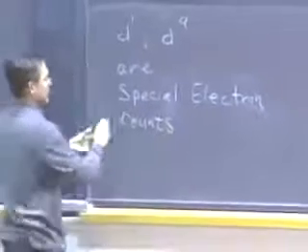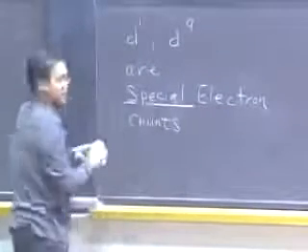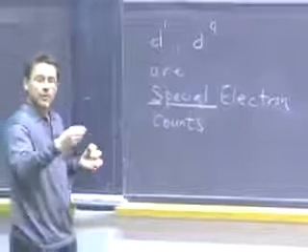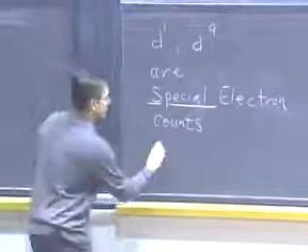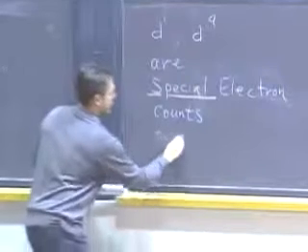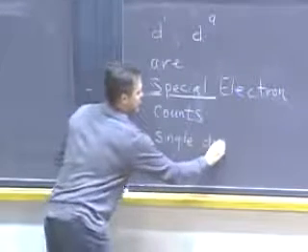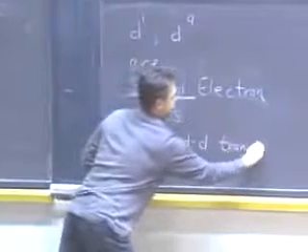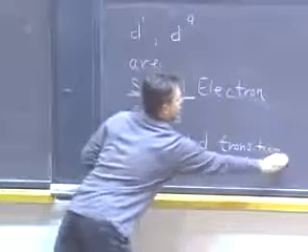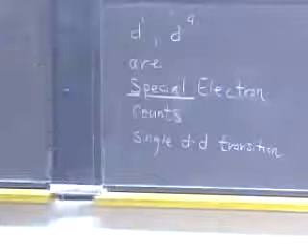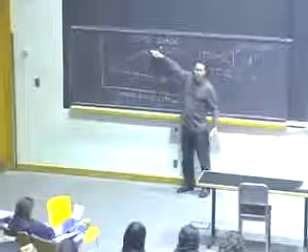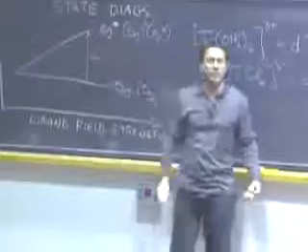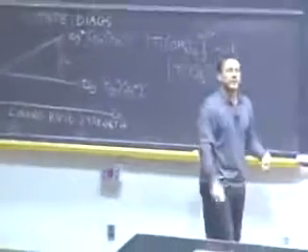And the reason that they're special is that these have a single absorption peak due to what we call a d-d transition. And that means that there's a ground state and then just one excited state that the system can be promoted to in the presence of impinging photons of the right energy.